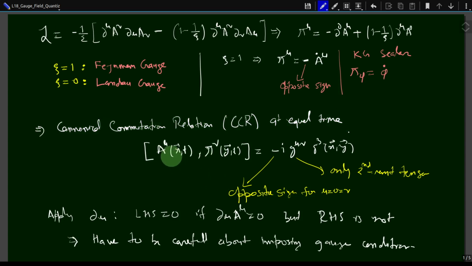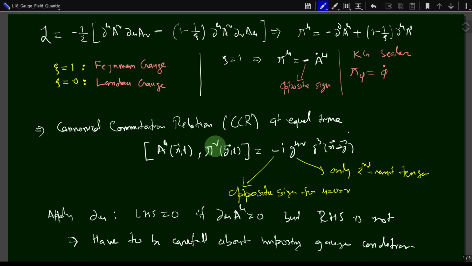This commutation relation will of course have the delta function. Allow me to correct a little thing over here. It is a minus sign. So this is δ³, the three-dimensional delta function.